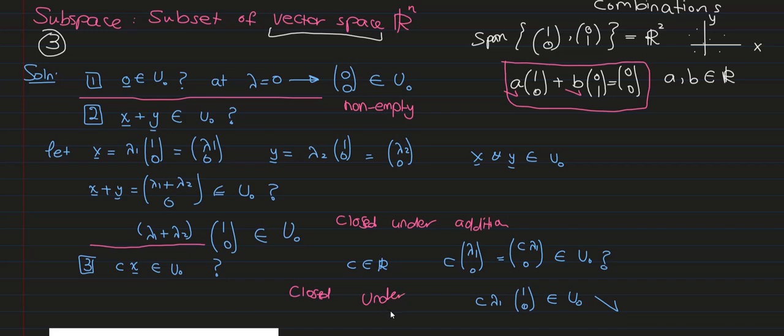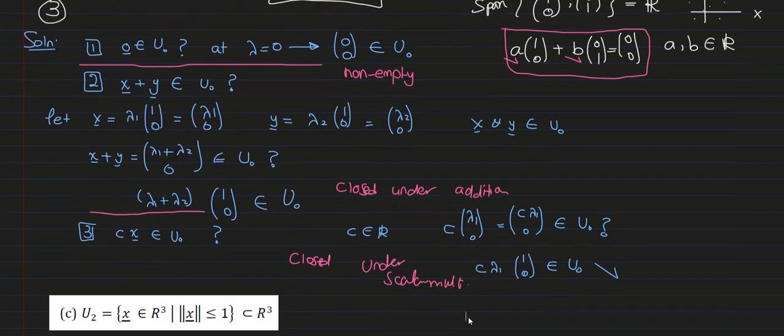The three conditions exist. Therefore, we can directly conclude that, hence, U node is a subspace. So it's not only a subset, no, it's a subspace as well.